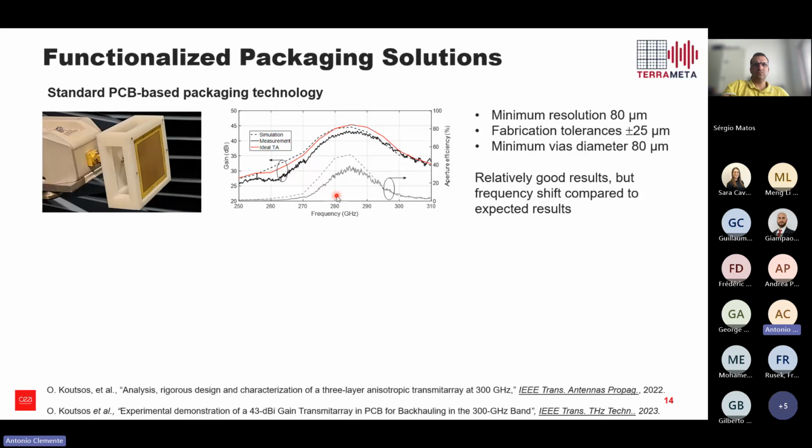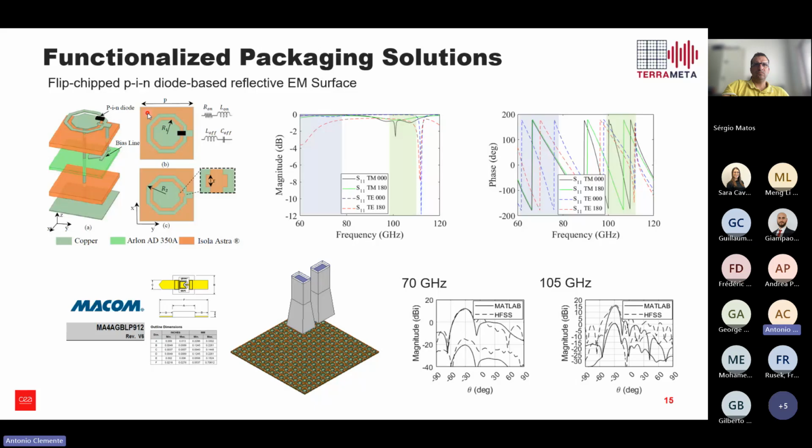The question now is, is it possible to integrate reconfigurability on this kind of structure? So firstly, we started to study the possibility to integrate PIN diodes in order to study the limitation in frequency of this kind of device. So we developed during the TERRAMETA project this kind of structure, which is a unit cell for a reflective RIS, not a transmissive one. Why did we select this kind of structure?